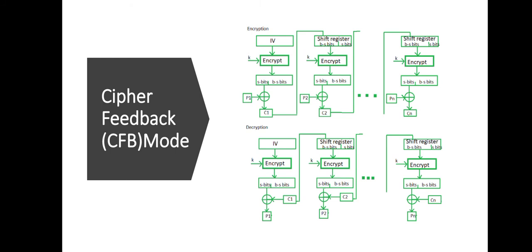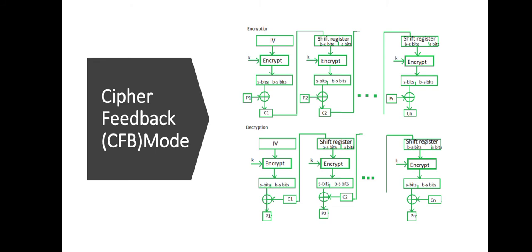In decryption, we are taking the initialization vector, then we perform encryption with the key, then we get B bits, we divide in two parts, S bits and B minus S bits, then we perform XOR with the ciphertext, then we get plain text. This process will recursively happen.